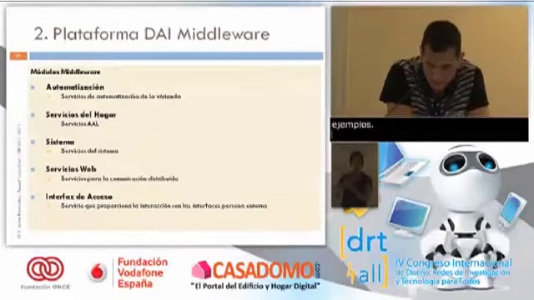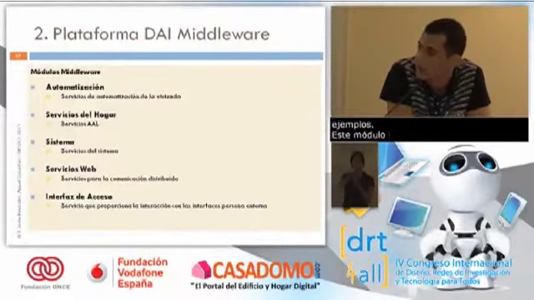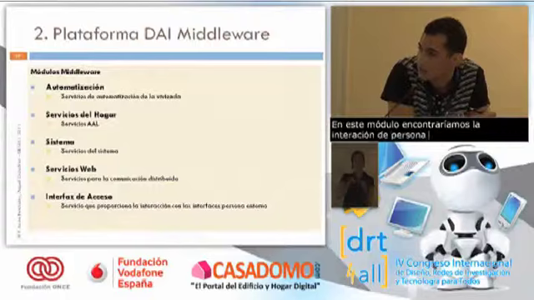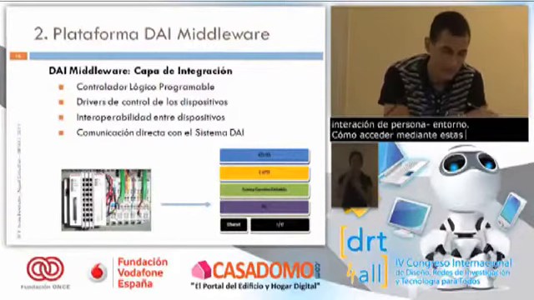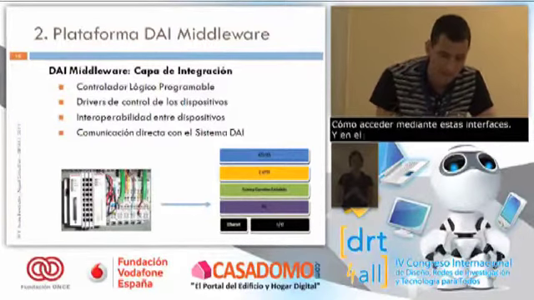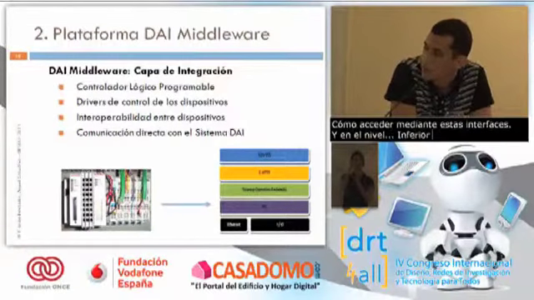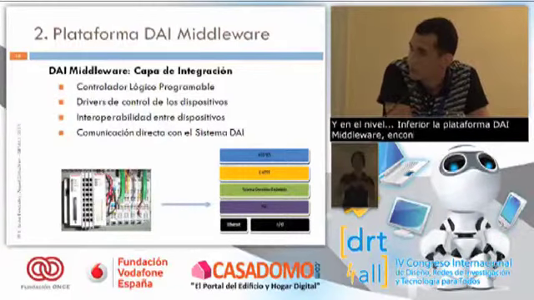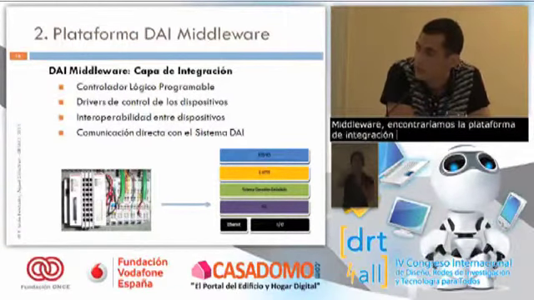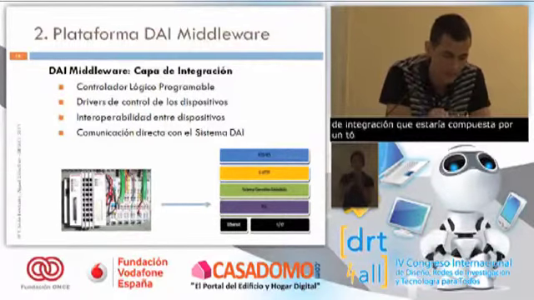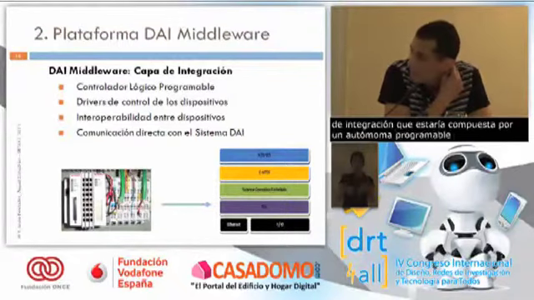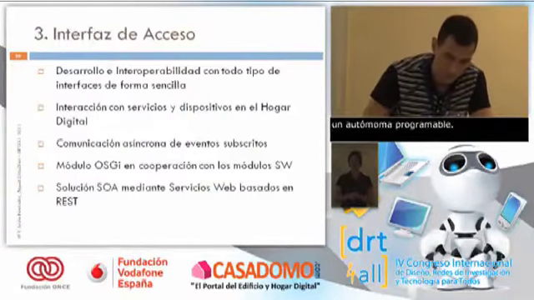The access interface includes interaction between the person and the environment, in order to access the system through these interfaces. And the lower level of the platform is the integration level, which is made up of the programmable automation system, and here we have all the drivers for the home.